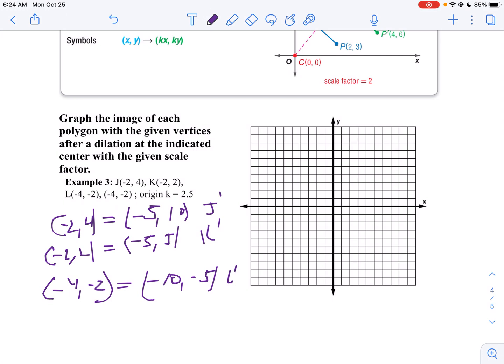And then we'll do, oh, we only had 3 points. I repeated that one by accident. So this time it's a triangle. So I'm going to take J prime, which is at -5 and 10. I'll do K primed, which is at -5 and 5.